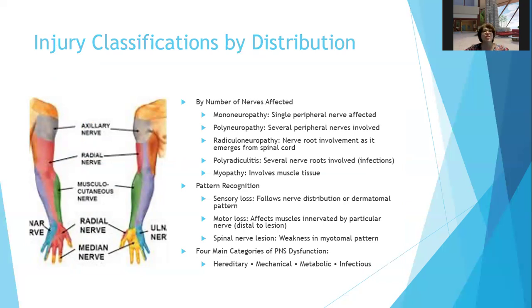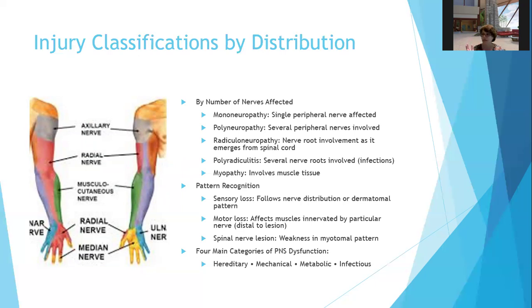So a lot of times injuries are classified by the distribution of the injury, either by the nerves affected or by the pattern or categories of dysfunction. If a single peripheral nerve is affected, it's considered a mononeuropathy. Carpal tunnel syndrome is a classic one of that.